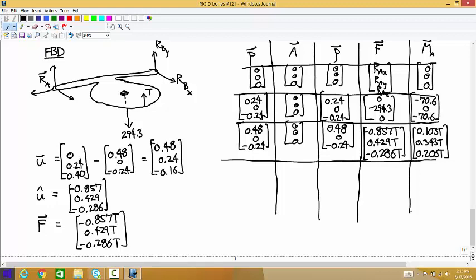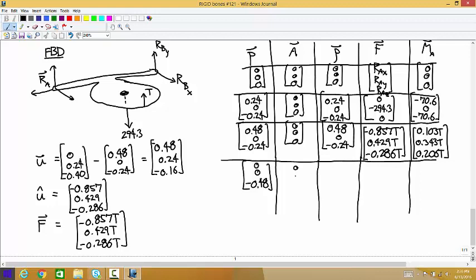And then the last force we have to deal with is the reaction at pin B. So that is at 0, 0, negative 0.48. That's right, right? Yes. Got one right.